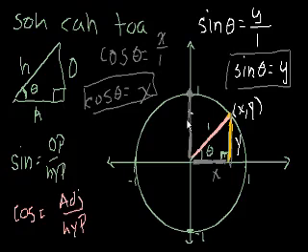Sine of theta now is just the y coordinate, which is 1, if theta is equal to 90 degrees, or pi over 2 radians. This angle right here. And similarly, cosine of pi over 2 is 0, because the x-coordinate right here is 0.